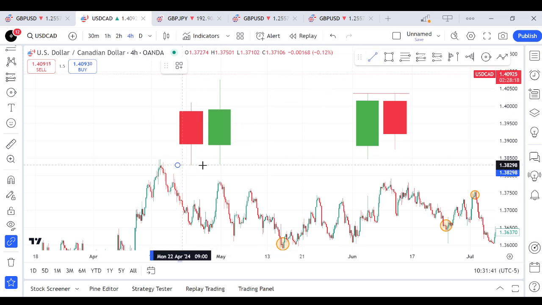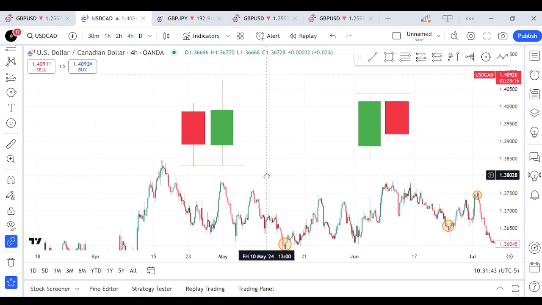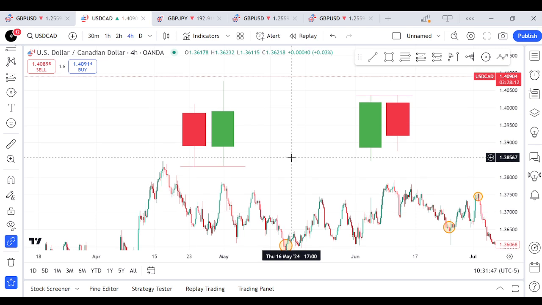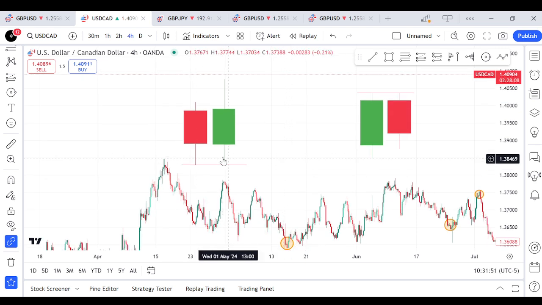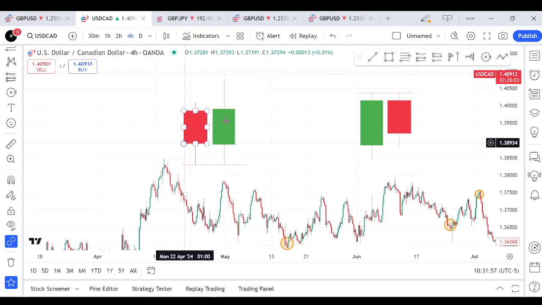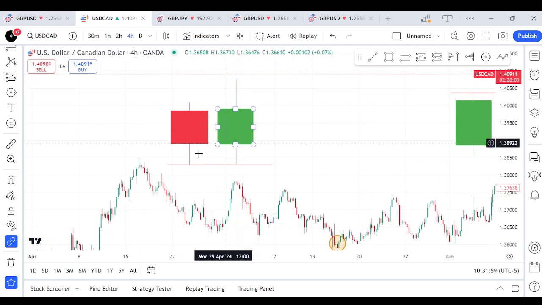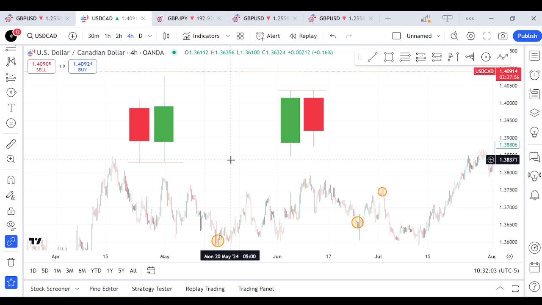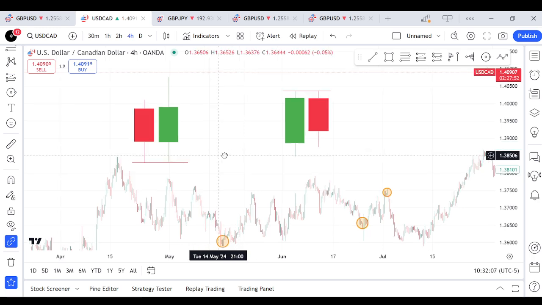The tweezer pattern is divided into tweezer tops and tweezer bottoms for bearish and bullish patterns. So you can see this is the same thing. The lows have to be quite the same. The wicks may be different on the higher side, but the lows here have to be quite the same or identical. So that's how you can use the tweezer.